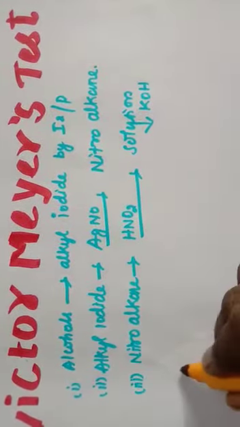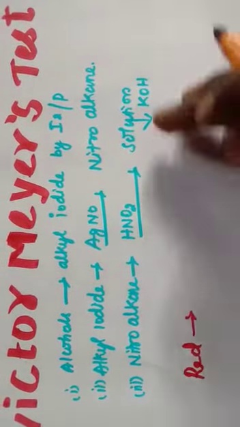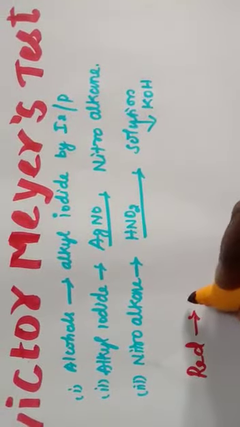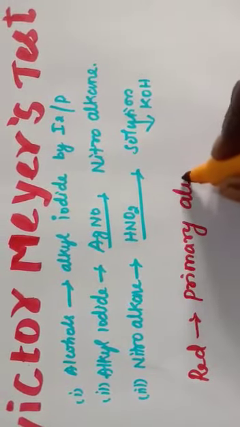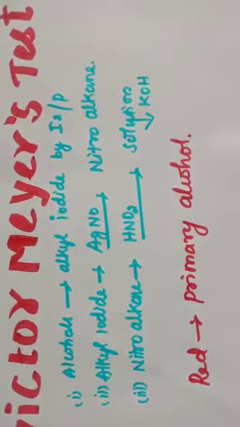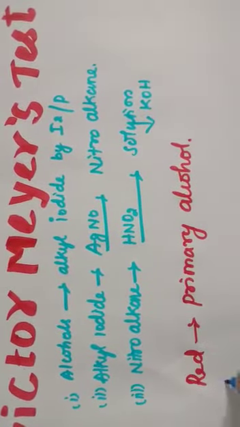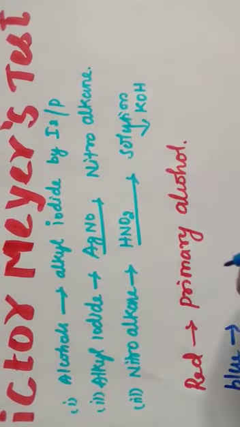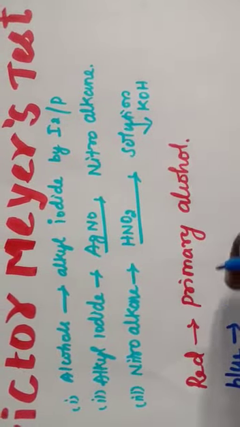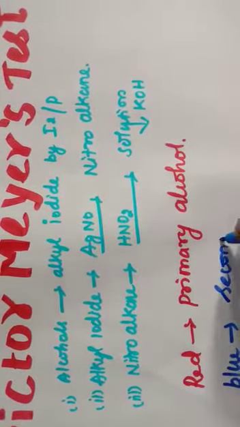If a red color solution is formed, then that is primary alcohol. If a blue solution is formed, then it belongs to secondary alcohol.